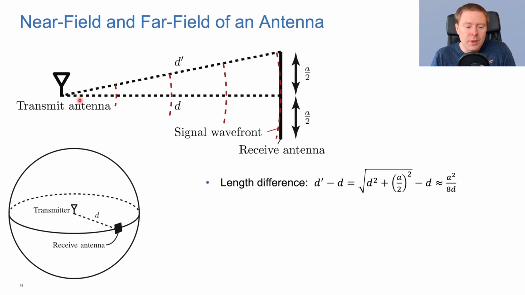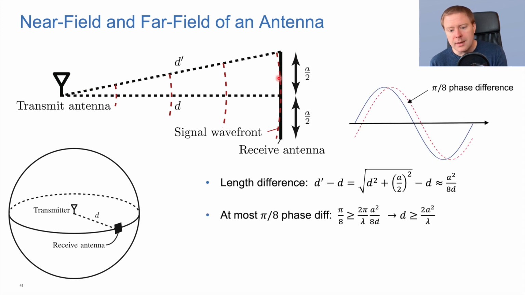When you have radio waves that are propagating like this, the difference in distance will determine the phase shift between the signal received at the center and at the edge. This extra path, which is d prime minus d, will create an additional phase shift. So we might have a blue signal and a red signal that are received at the edge and at the center.